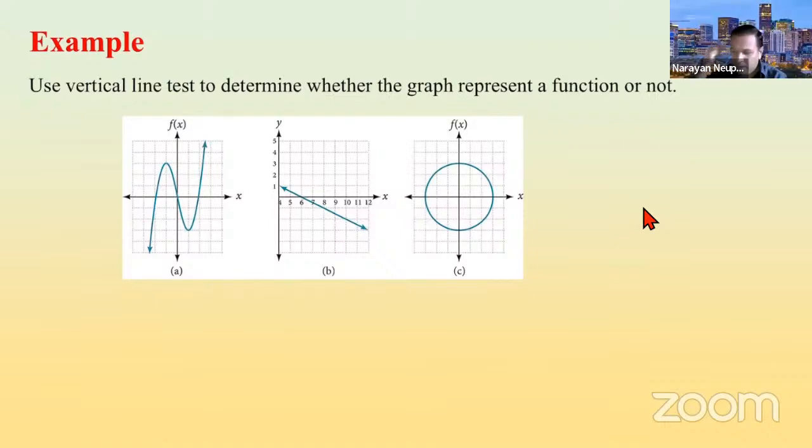Okay, I hope you are done copying it so we can talk about it now.